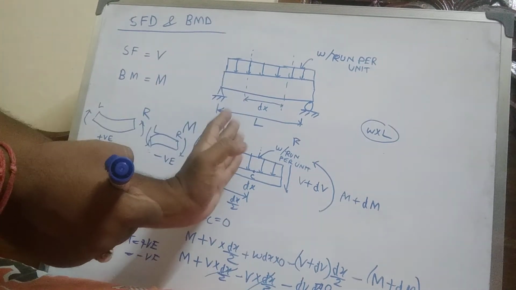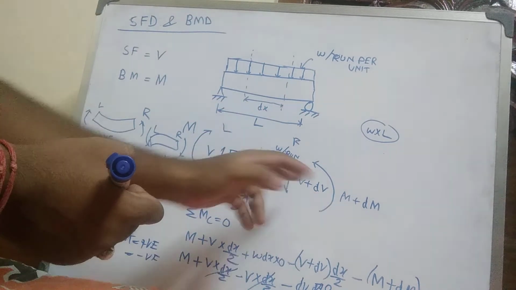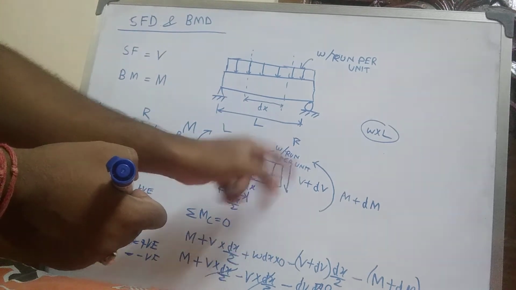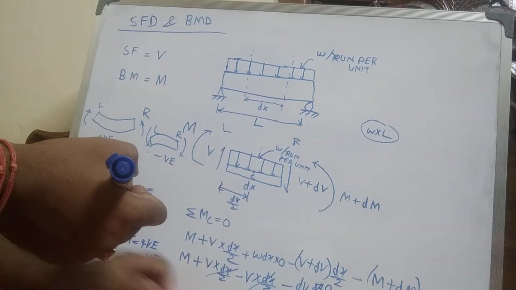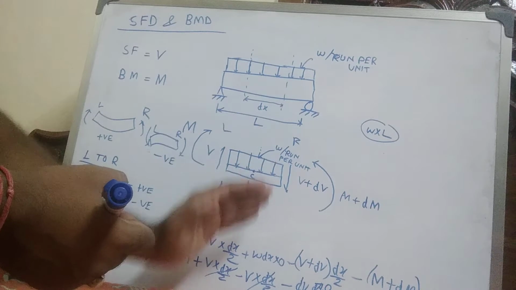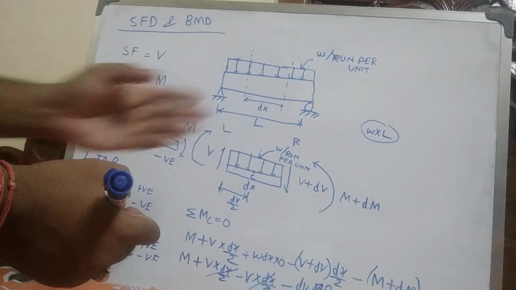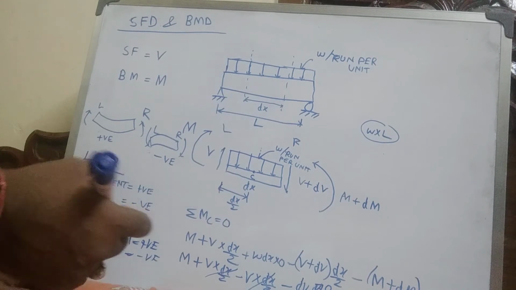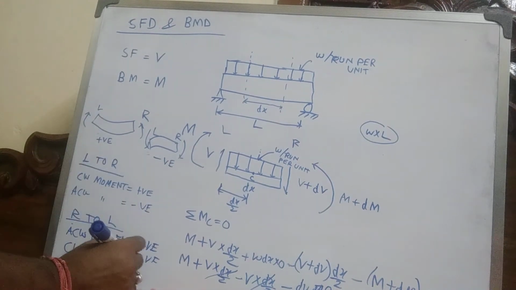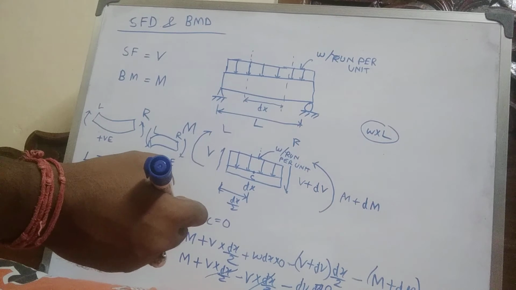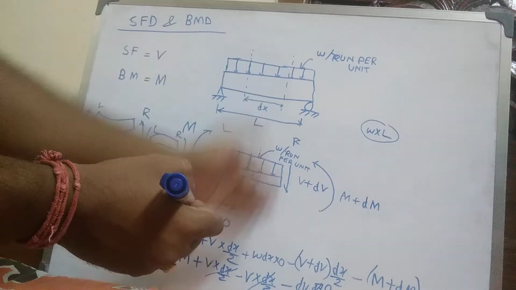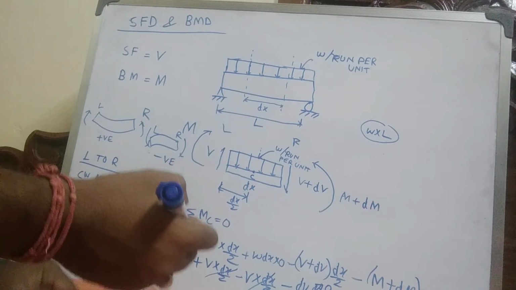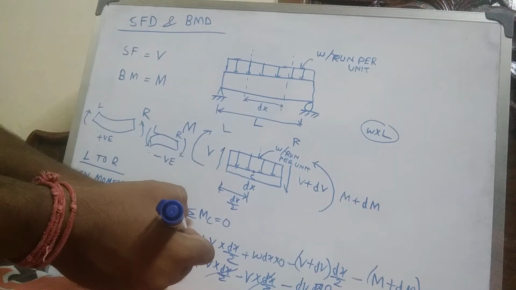And V plus dV is on the right side of point C, and on the right side this sense is clockwise.